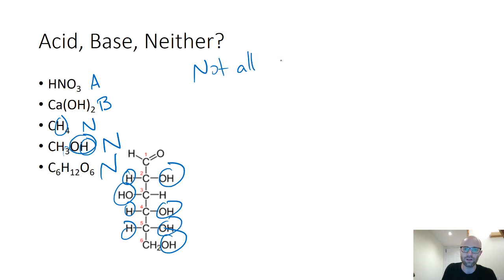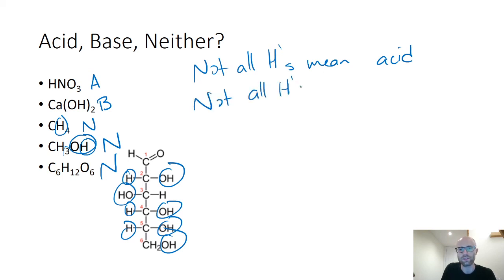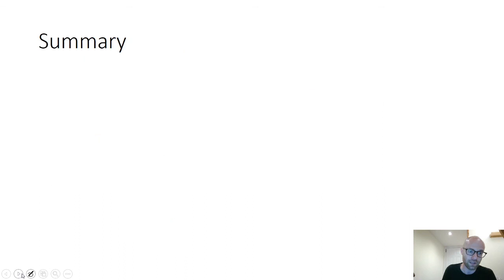Not all H's mean acid, and not all OH's mean base. The best rule of thumb for you is to just read the reference table. There are patterns there, and I can talk about them. It might help, but the safest thing is just check the table.